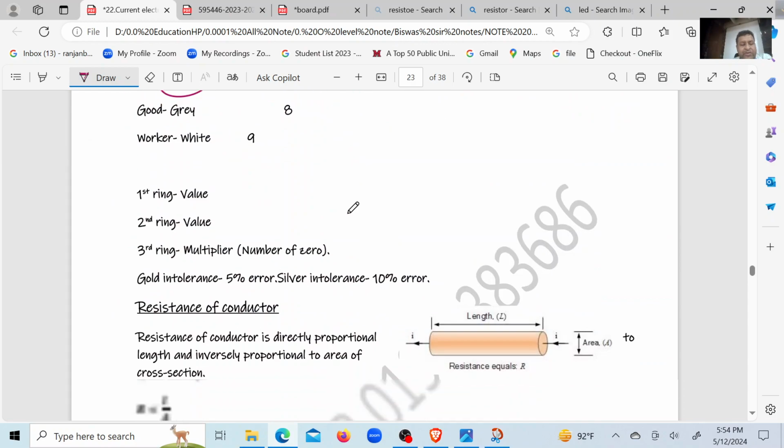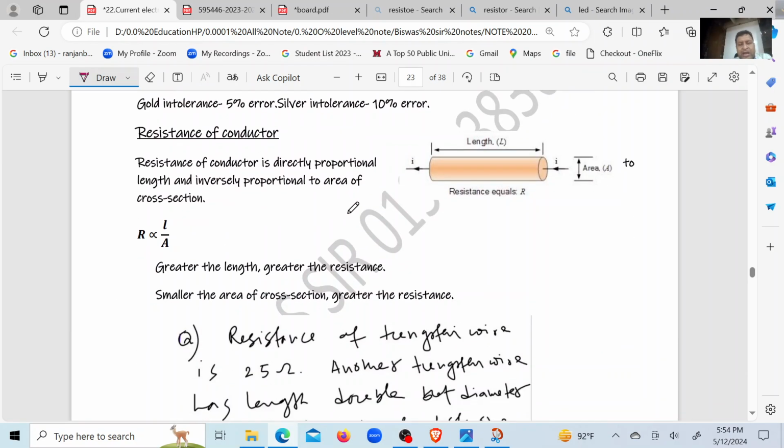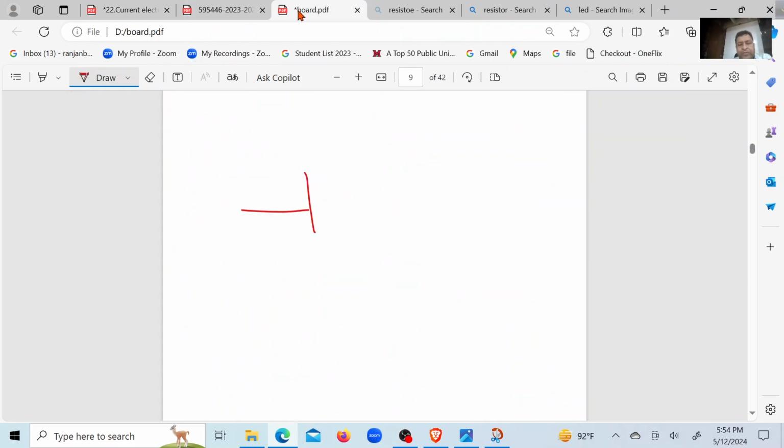Now come to the next one, resistance of a conductor. If it is a conductor, normally we use resistance wire to introduce resistance. If it is a resistance wire, normally we use tungsten or nickel wire.